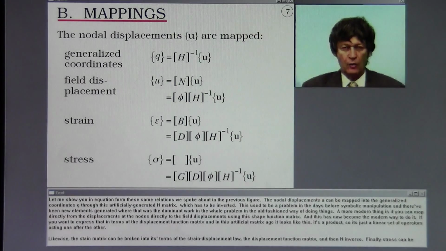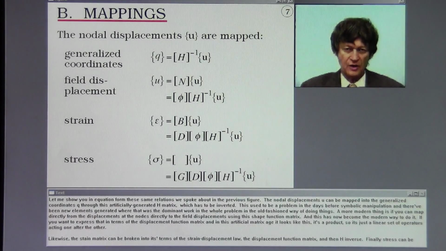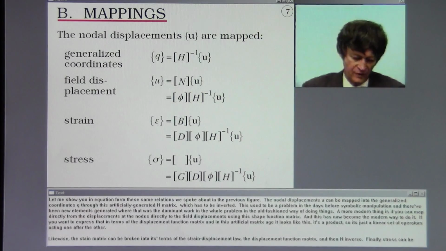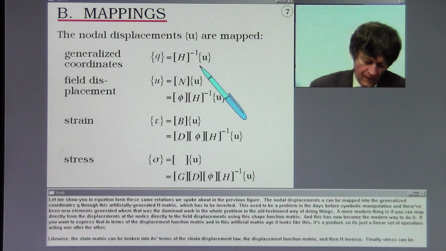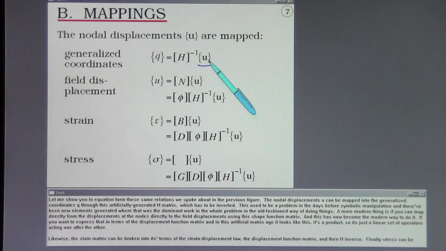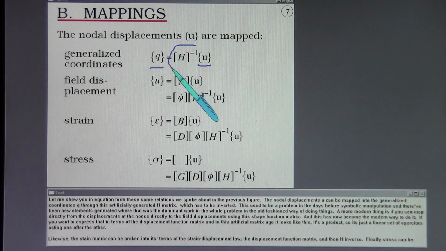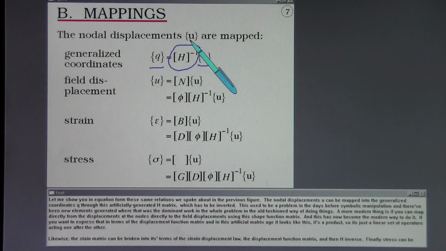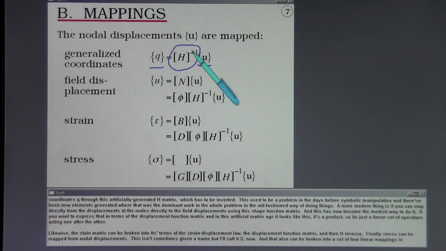Let me show you in equation form the same relations that we spoke about in the previous figure. The nodal displacement U can be mapped into the generalized coordinates Q through this artificially generated H matrix, which has to be inverted. This used to be a problem in the days before symbolic manipulation, and there have been new elements generated where that was the dominant work in the whole problem, in the old-fashioned way of doing things.